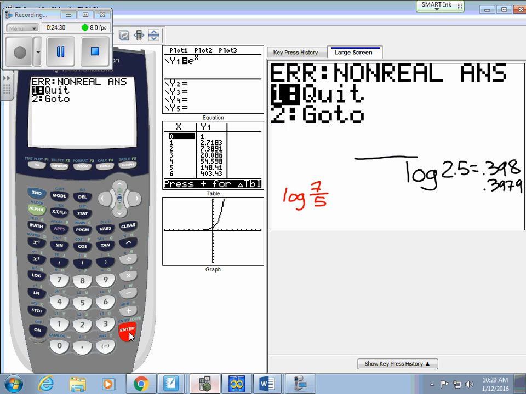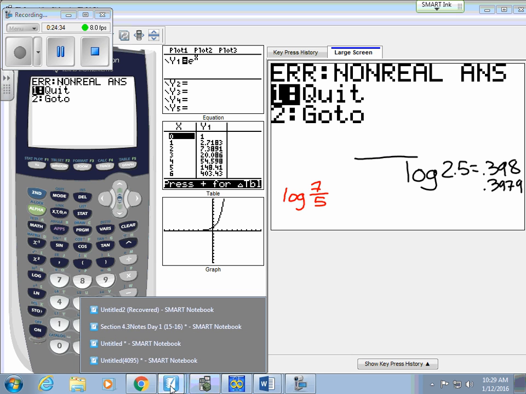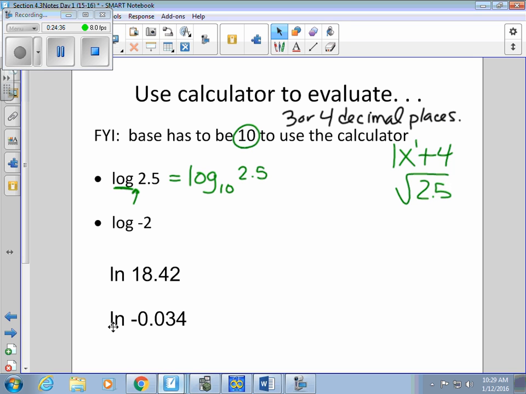We can't take the log of a negative number. So go back to your slide, and your calculator tells you it's not a real answer. This value right here cannot be negative. So we just say this is undefined. Your calculator spits out error. Don't write error on your paper. Answer it as undefined.